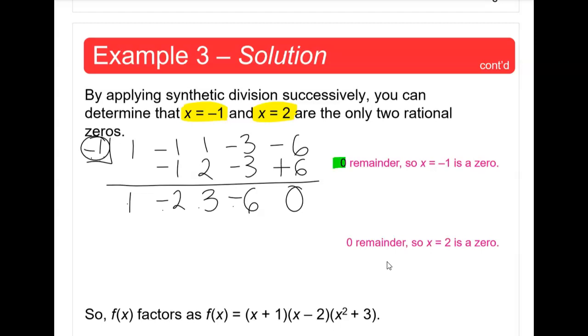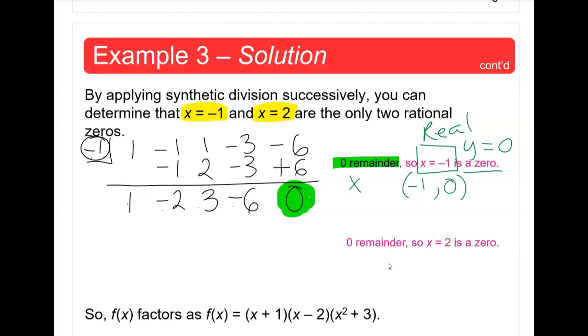So because 0 is the remainder, we could say that x equals -1 is a 0, meaning that for that x value, the y is equal to 0. Since it is a real number, we could actually see it on the graph with an x-intercept at -1, 0.